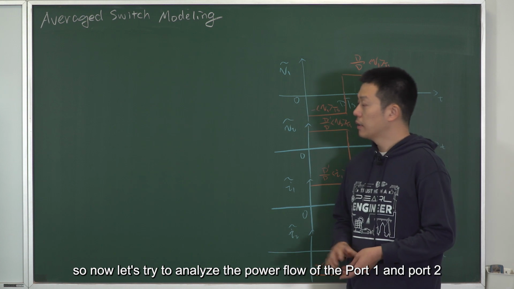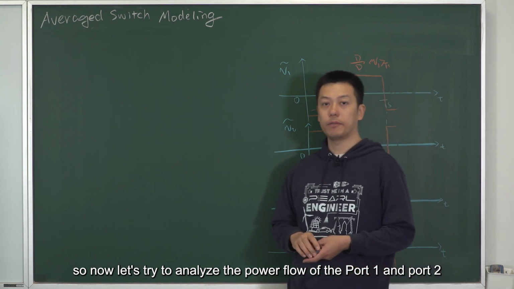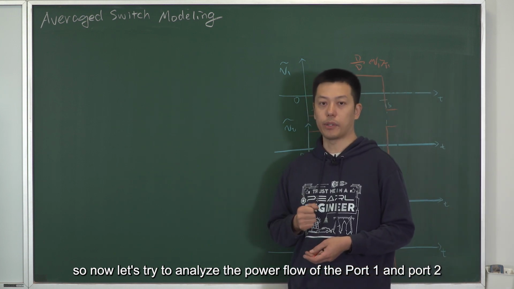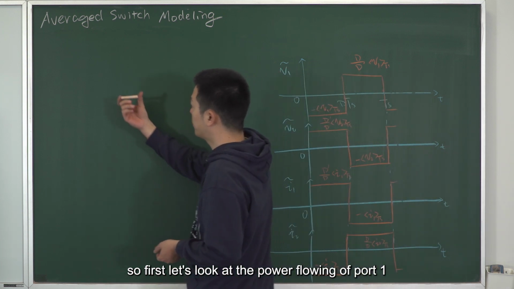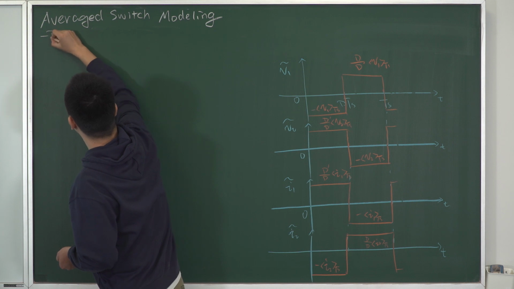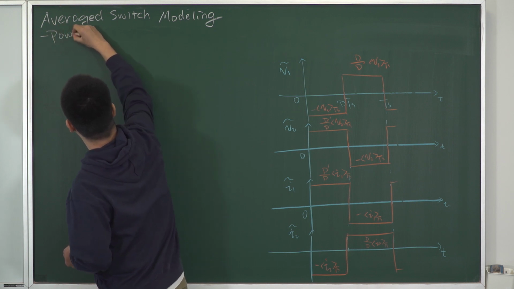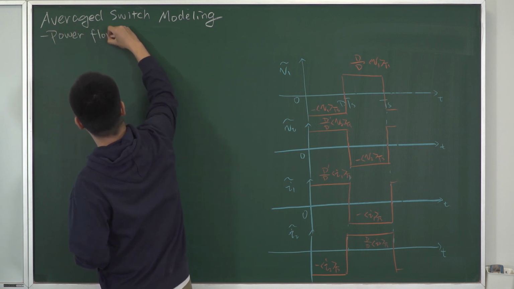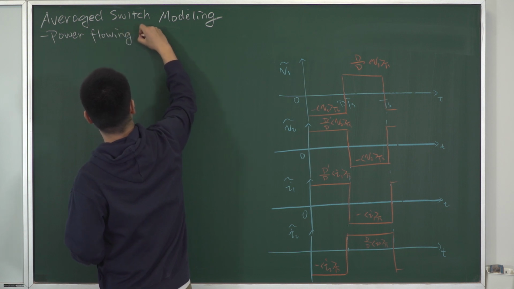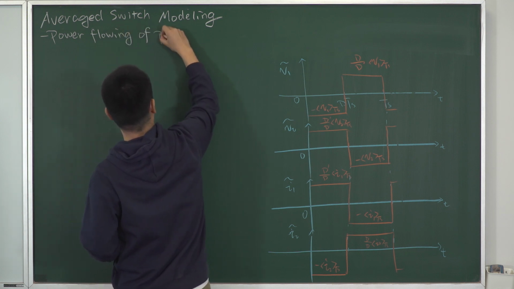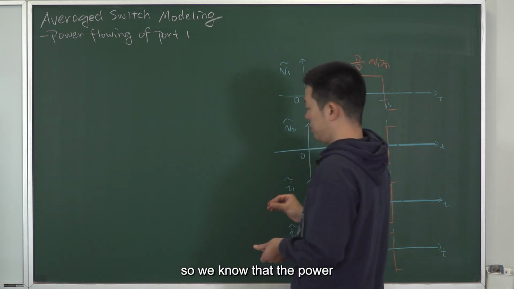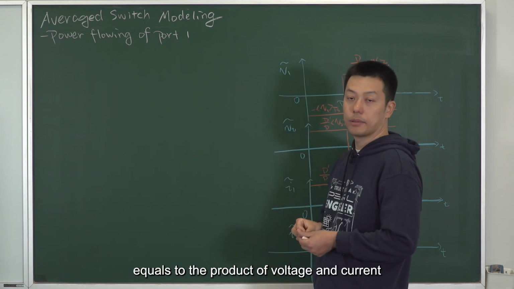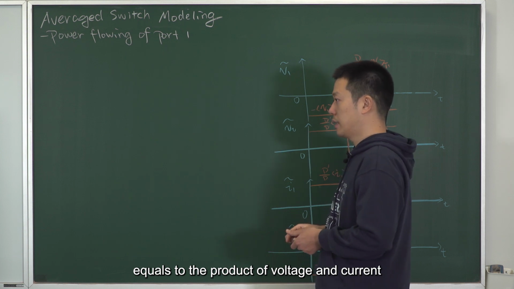Okay, so now let's try to analyze the power flow of the port 1 and port 2. So first, let's look at the power flowing of port 1. So we know that the power equals to the product of voltage and current.